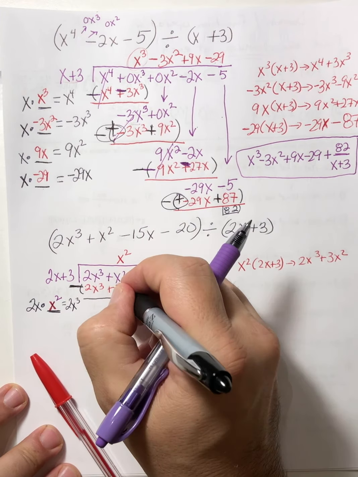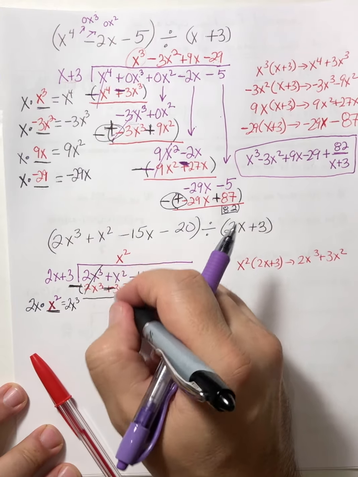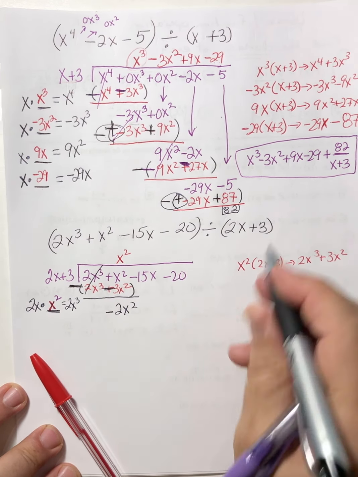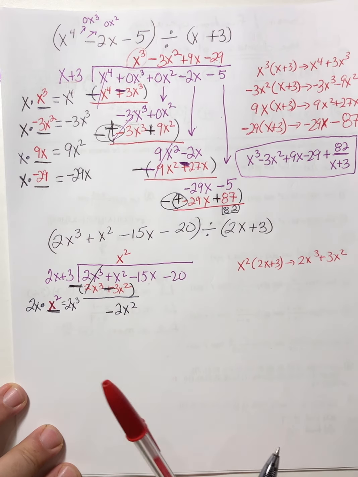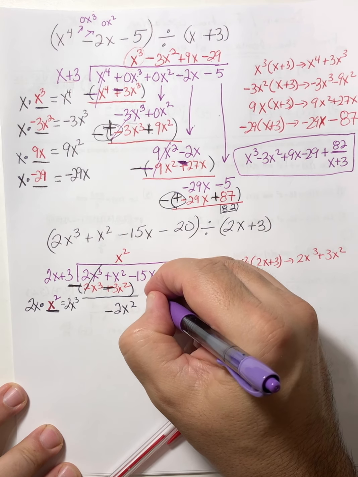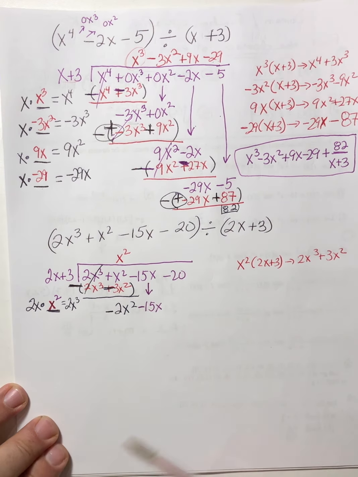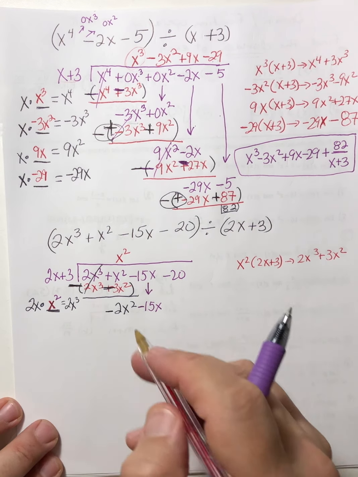I'll make that nice and big, put the minus sign there. So this cancels, and then this gives us a negative 2x squared. And that's right, we bring down the negative 15 now. Negative 15x. All right, you know it. The process starts all over again.